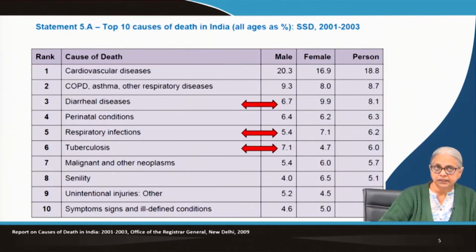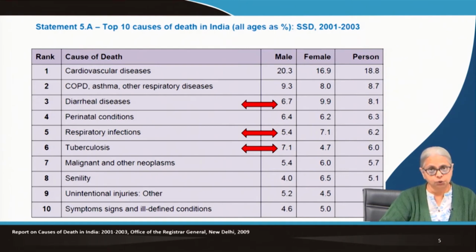From 1993 to, let's say, 2003, in one decade, we now have a slightly different set of causes of death, and in that we have 3 categories. So we have diarrheal diseases. Now you probably know that diarrheal diseases are one of the biggest causes of mortality in the age group of 0 to 1 and 0 to 5 years old.